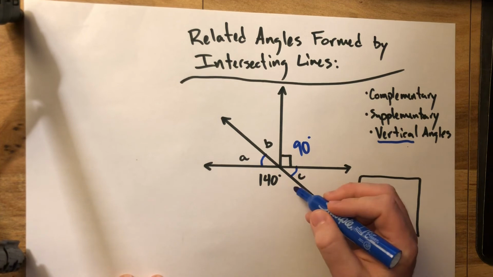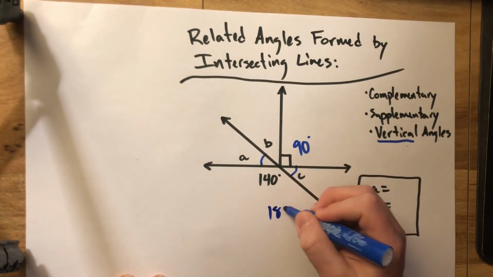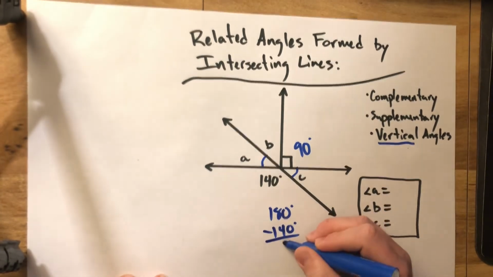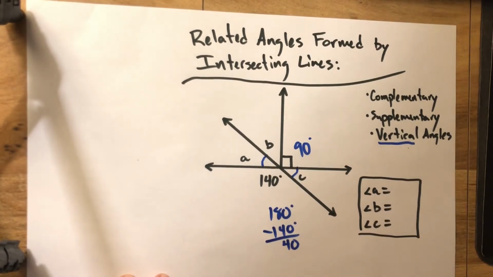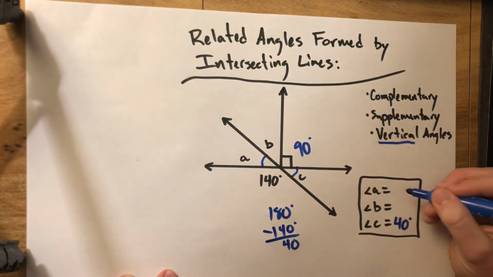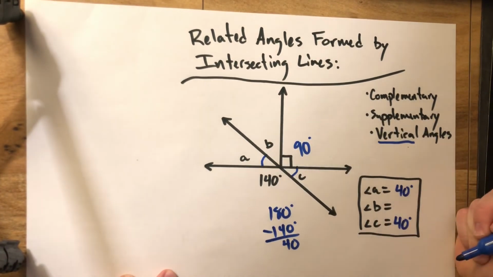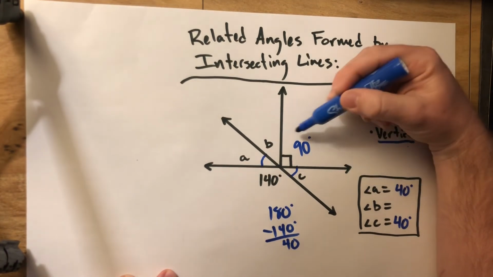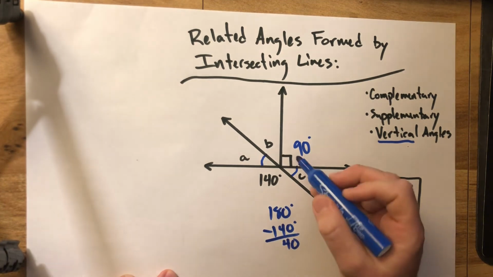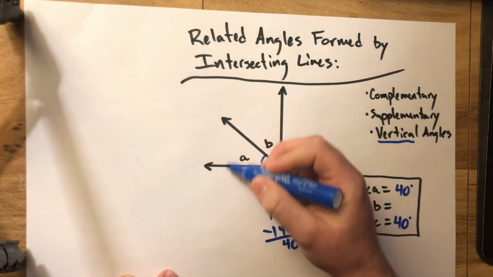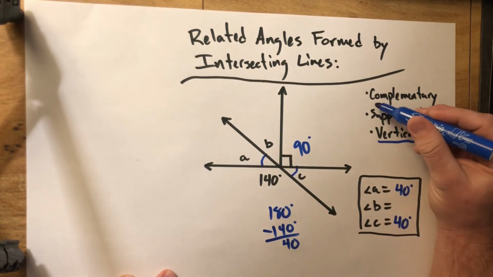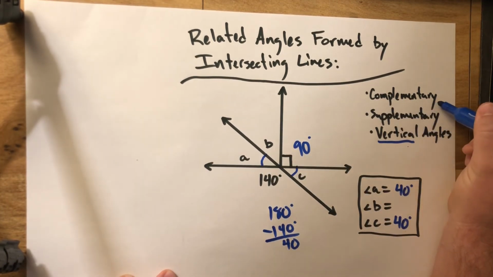So if I take 140 away from 180, I find that that is, in fact, 40 degrees. So angle C is 40 degrees, as well as angle A is 40 degrees. Now, knowing that there's 90 degrees taken up here, and this line would also add up with 90 degrees on this side to make your 180, essentially I'm saying that angle A and B are complementary angles.